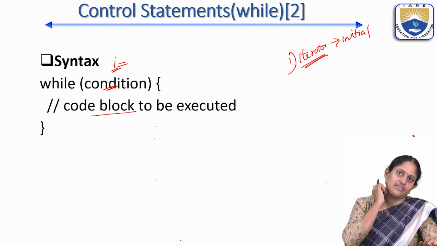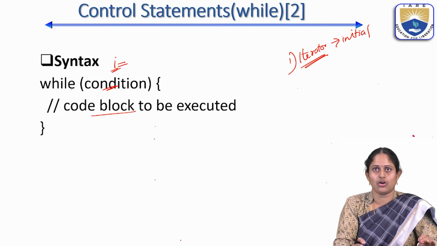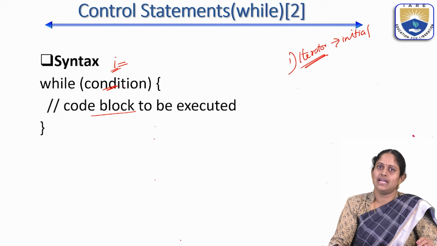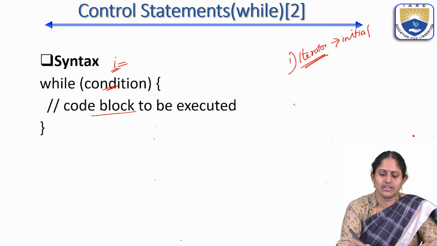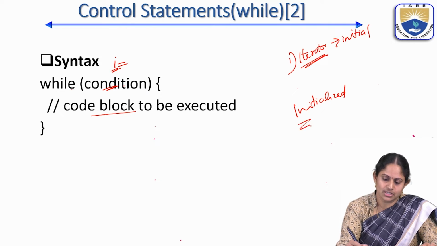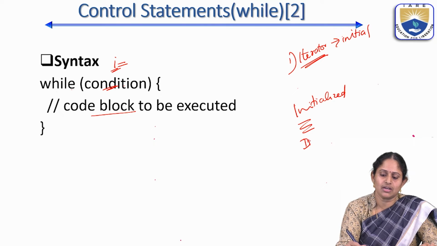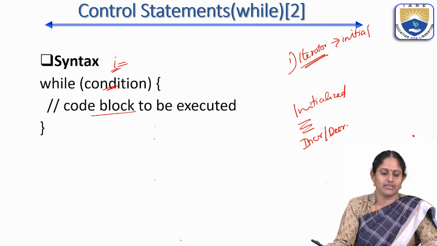Otherwise, if the condition remains true always, it will go into an indefinite loop. So there should always be an iterator variable which is initialized. Then you have the set of statements to be done, and then you have the increment or decrement part of the iterator variable.